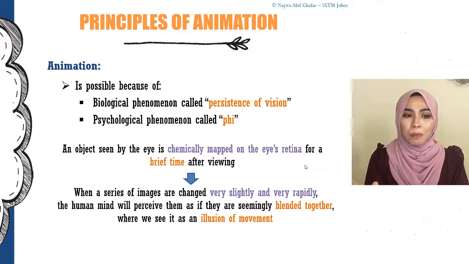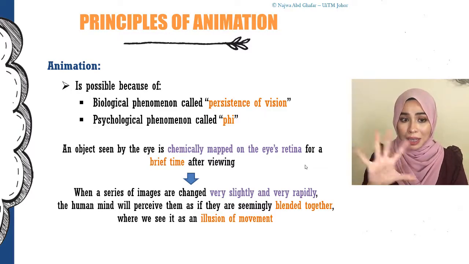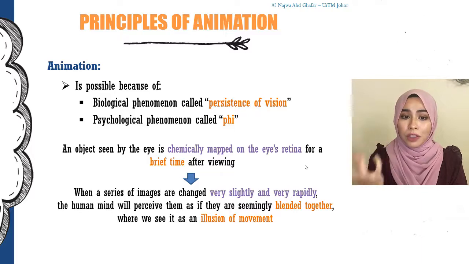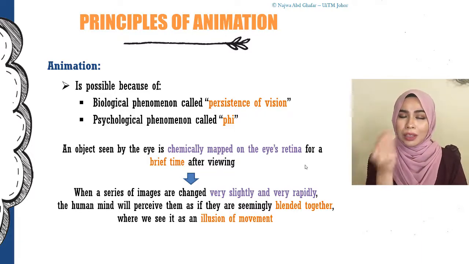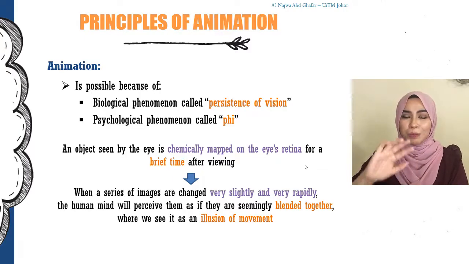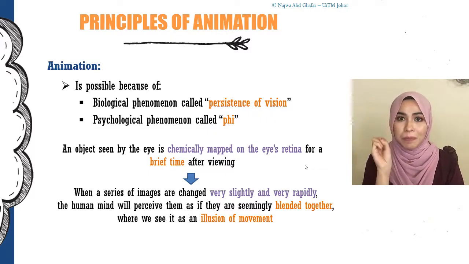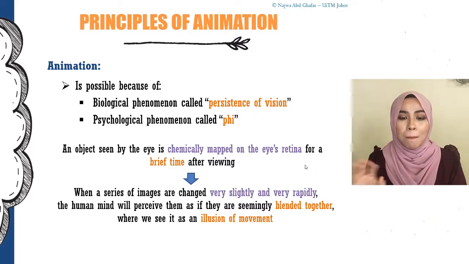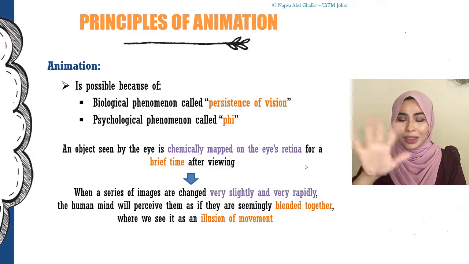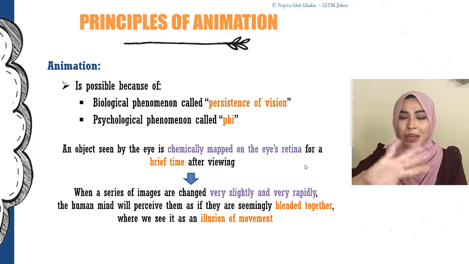So how do our eyes see it as animation? It's because of persistence of vision, which is how our eye works. Our eyes usually see images, and when we see things, our brain catches them. When the thing is moving very fast, our eye is trying to catch each one of the images, but our eye can't really catch what it sees, so it sees them as if they are blended together.